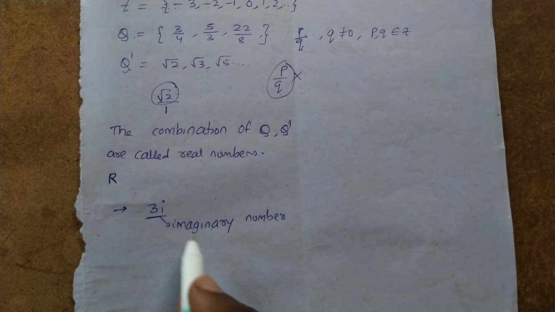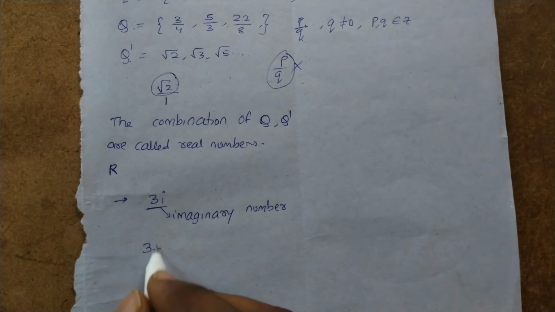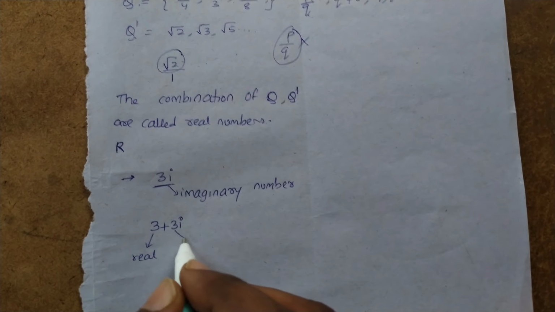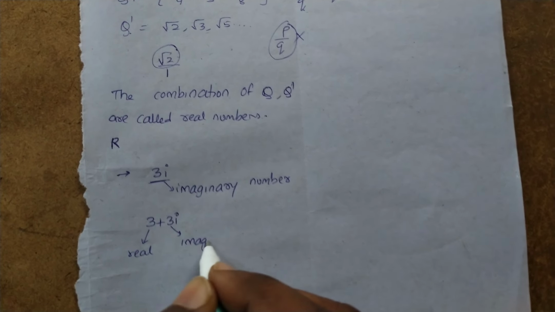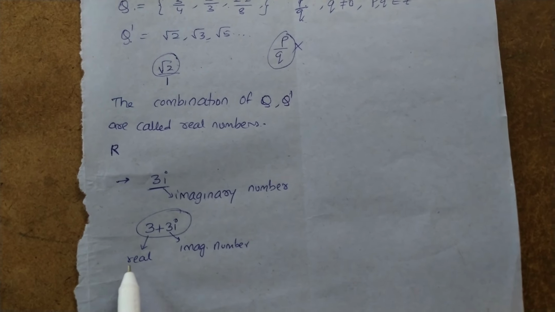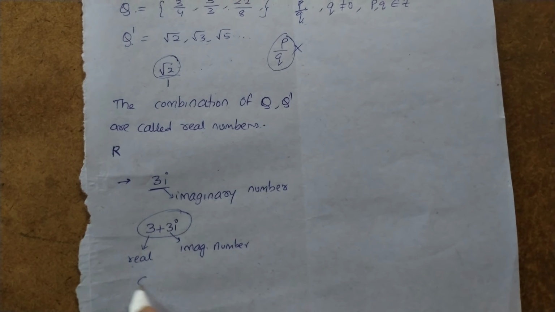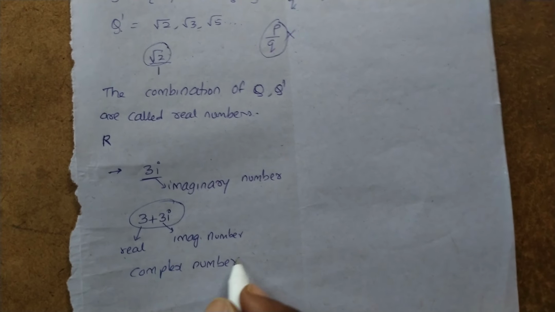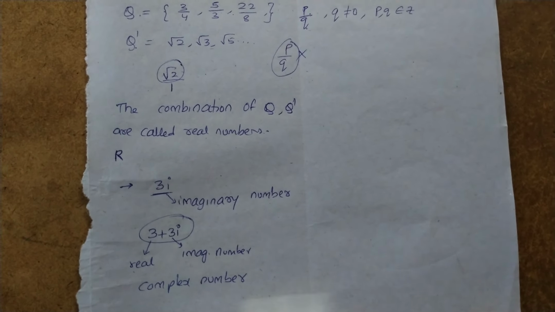Suppose we write 3 plus 3i, one real number and one imaginary number. The combination of one real number and one imaginary number is called a complex number.